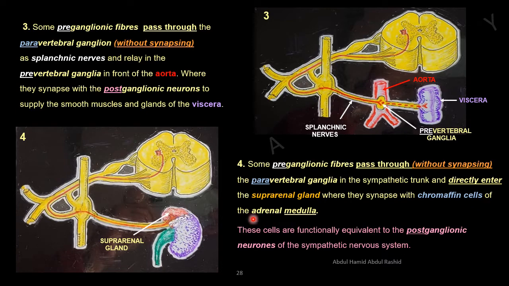So there is no second order neuron ganglion, but these first order neurons go directly to the suprarenal glands and there synapse with the chromaffin cells of the adrenal medulla, which serve as the postganglionic neurons.